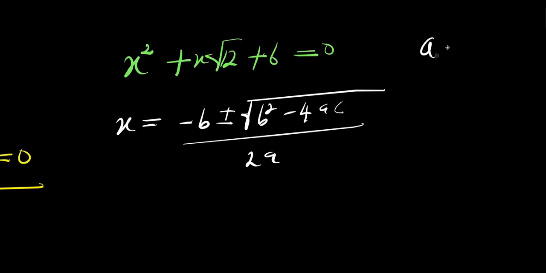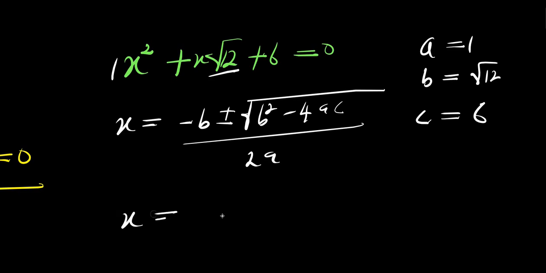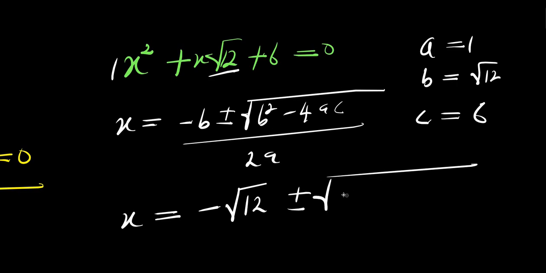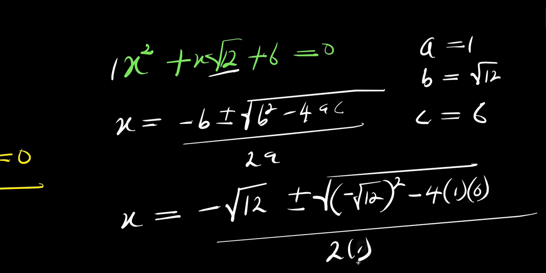Now, a equals 1, which is the coefficient of x squared. b equals root 12, which is the coefficient of x here. c equals 6, which is the constant. So we have x equals negative root 12 plus or minus square root of root 12 to the power of 2 minus 4 times 1 times 6, divided by 2 times 1.